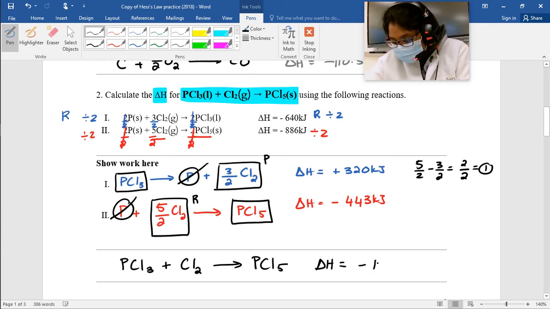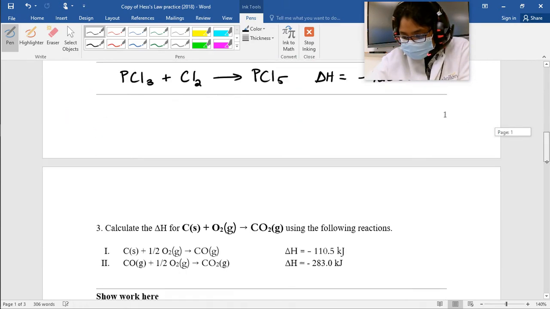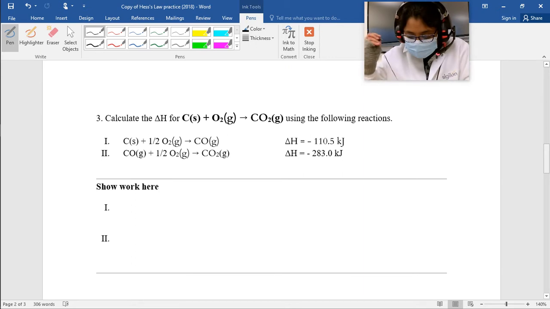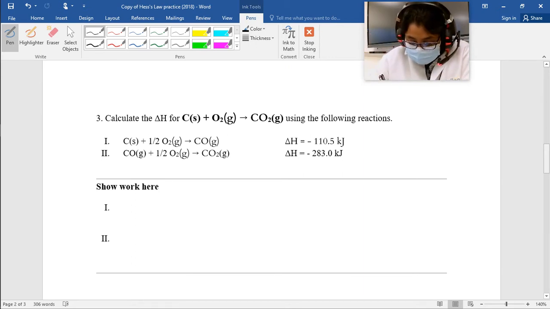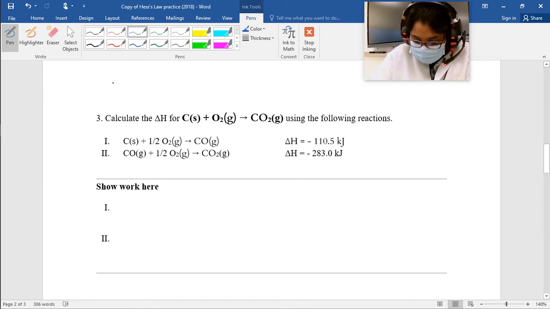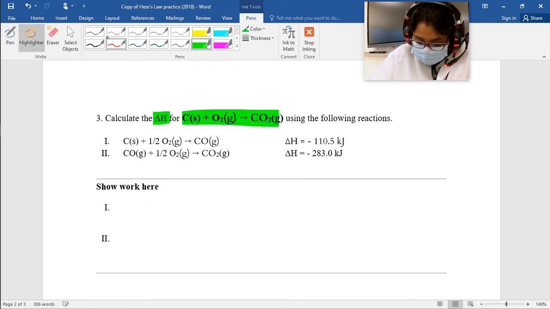That gives us negative 123 kilojoules. Must use units. Okay. Then problem 3. Calculate the delta H for this equation. So let's see. We're looking for delta H for this equation.